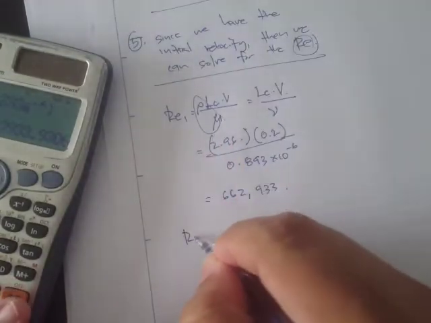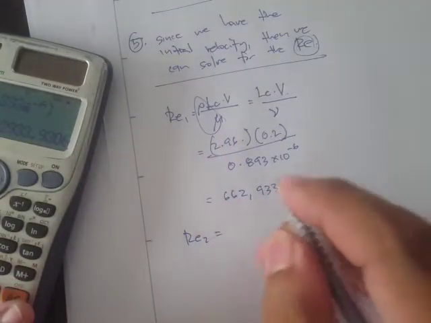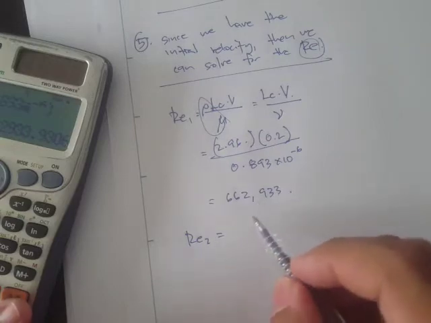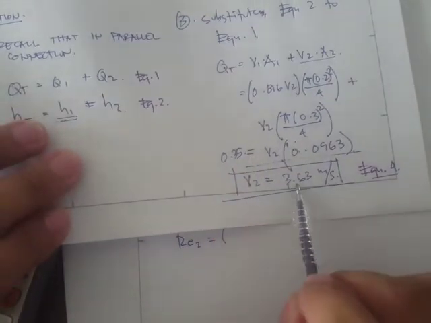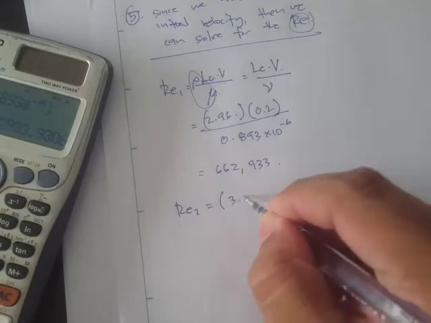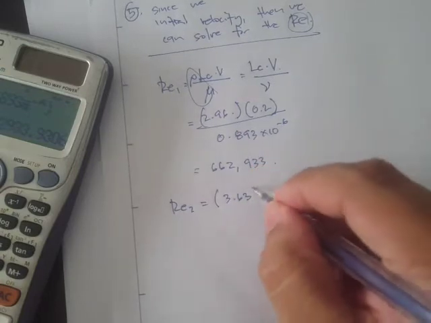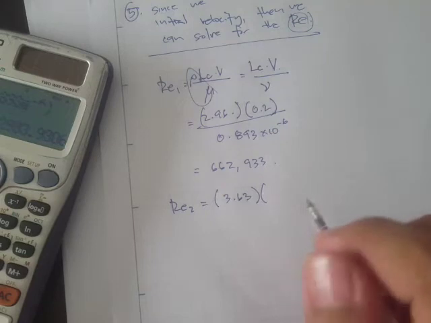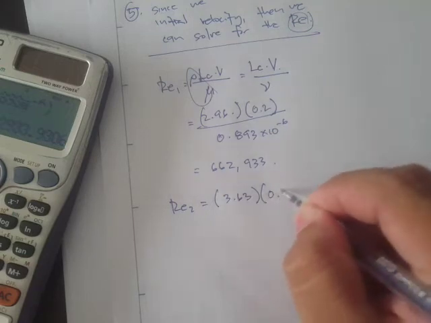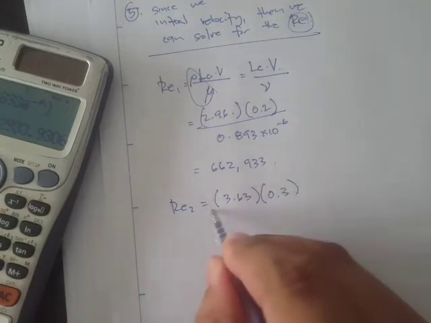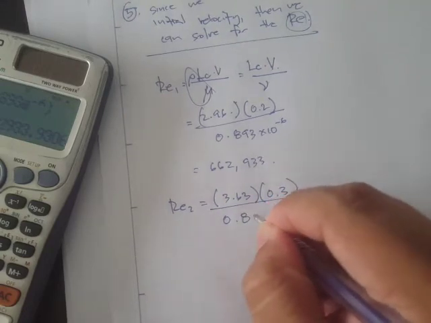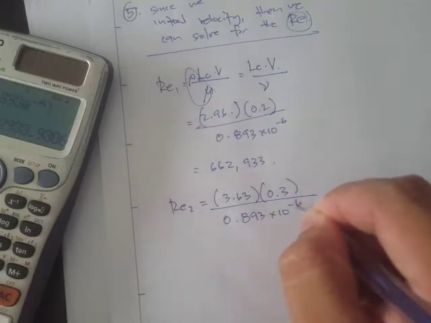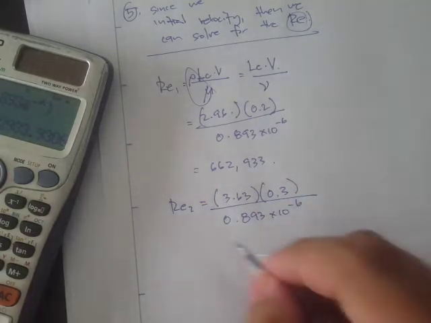Okay, and then for the Reynolds number at pipe number 2, we have the velocity, which is 3.63, times the characteristic length, which is just the diameter itself for a circular pipe, divided by this kinematic viscosity, 0.893 times 10 to the negative 6.